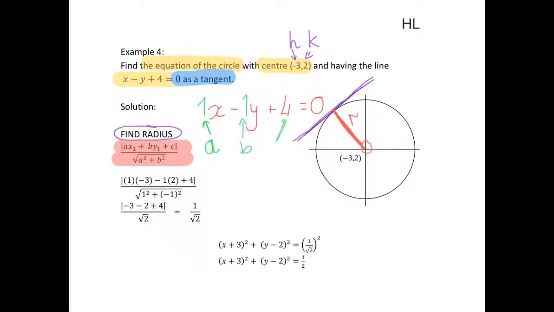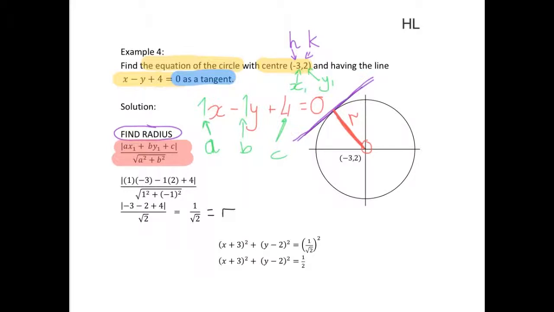And our c is our constant, which in our case is plus 4. Our x1 is the x-coordinate of our centre, -3, and our y1 is the y-coordinate of the centre, 2. Filling all of those values into our perpendicular distance formula and simplifying the top and the bottom, we find that r is equal to 1 over the square root of 2. The perpendicular distance gives us our radius r.